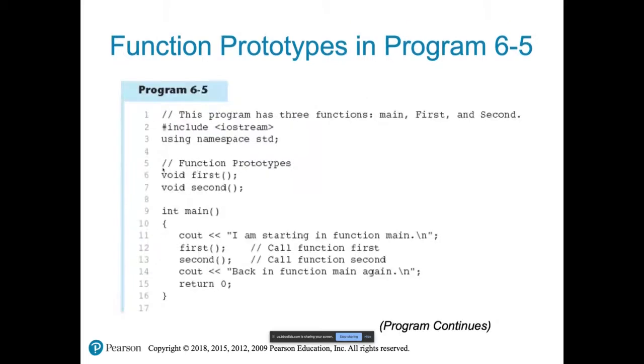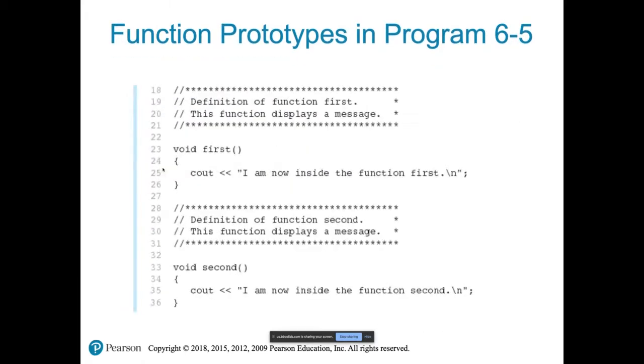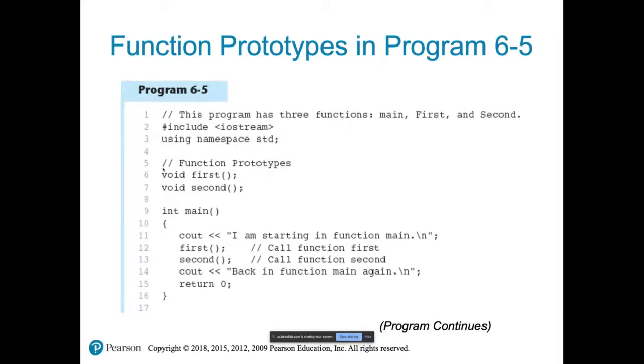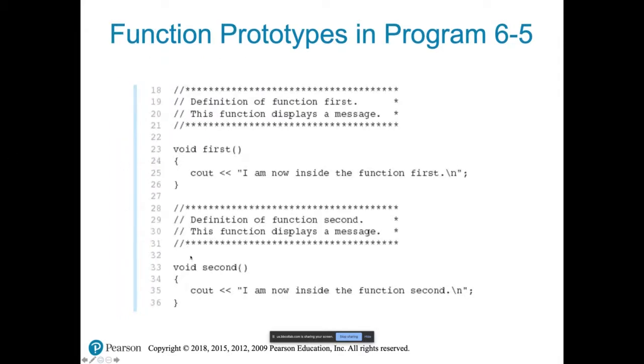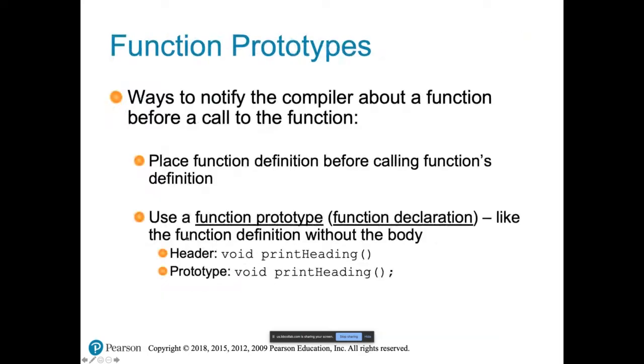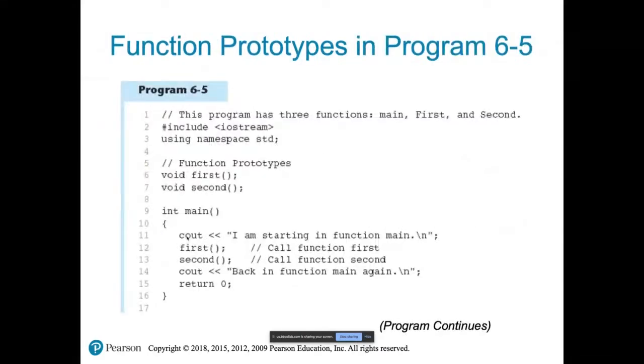And your function definitions will be after main. So that is why you need prototypes in this case. But if I take this first and second and move them before main, I would not need these prototypes.